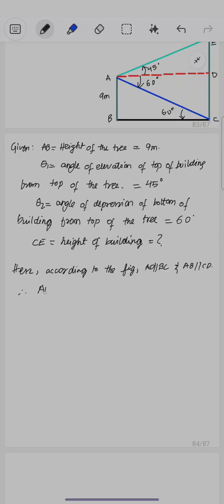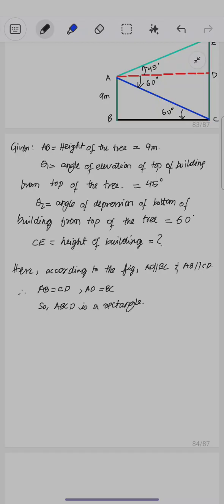Therefore AB will be equal to CD, comma AD will be equal to BC. So ABCD is a rectangle.